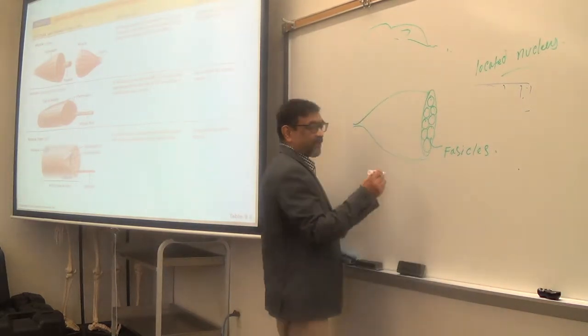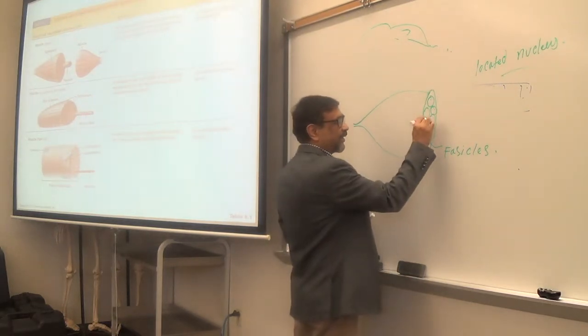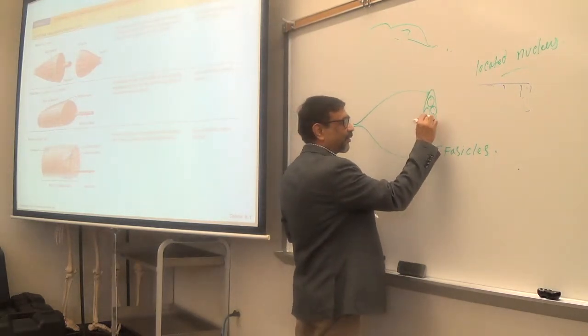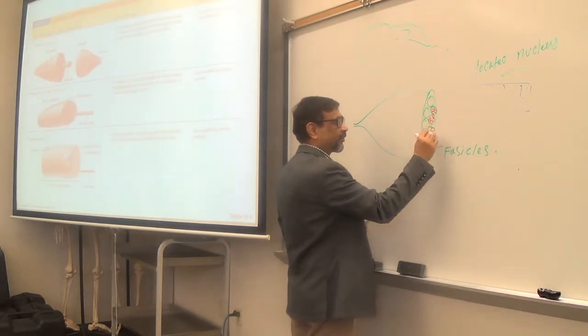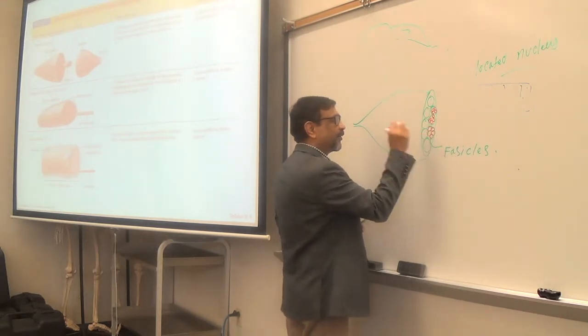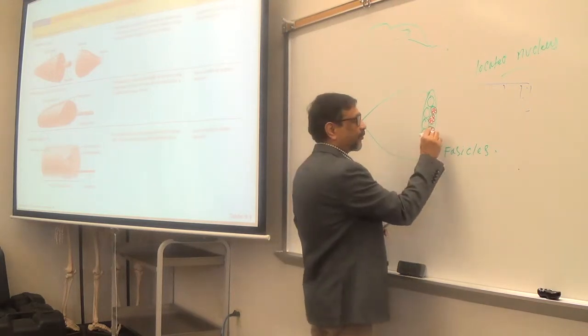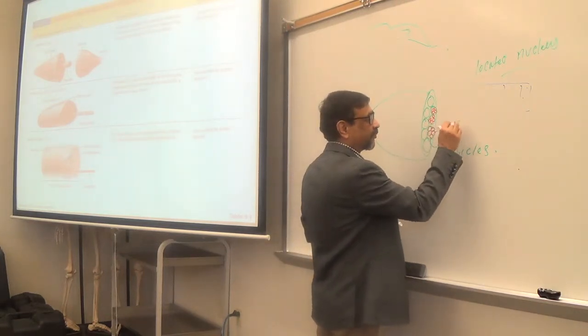And inside the fascicles, we again see round columnar structures like this. These are called muscle fibers.